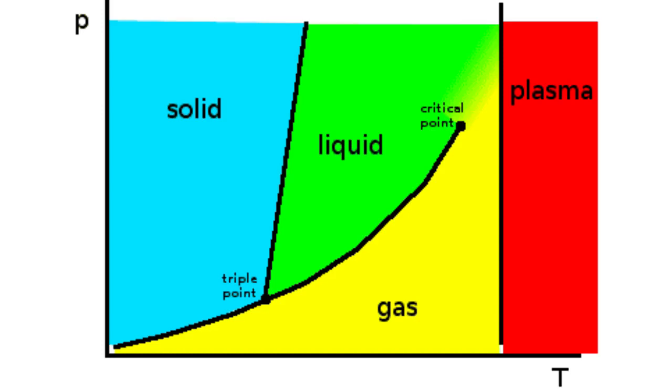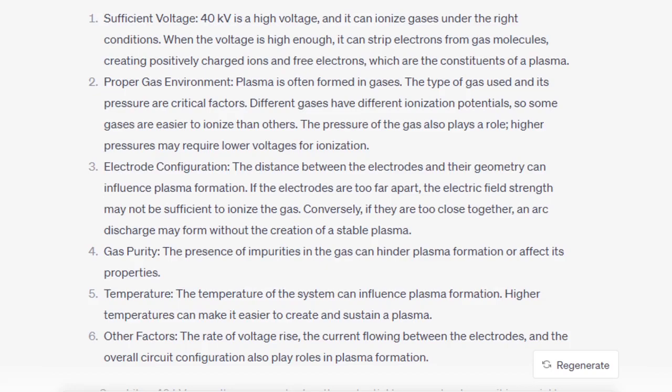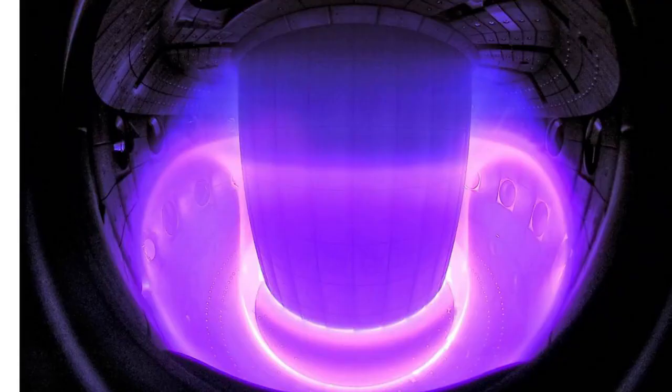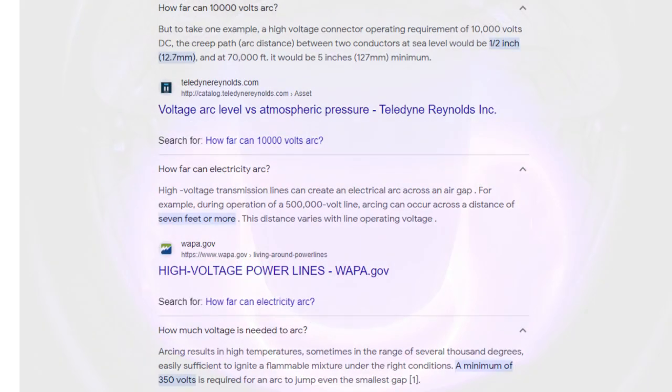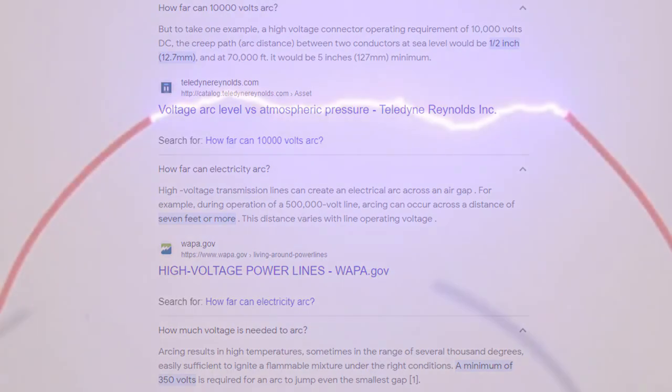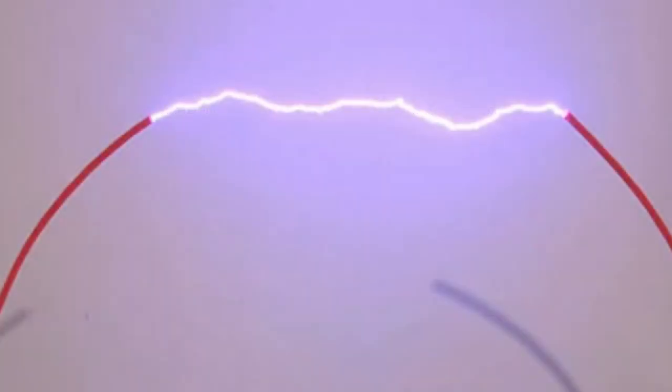The next thing is the electrode configuration. The distance between the electrodes and their geometry can influence plasma formation. If the electrodes are too far apart, the electric field strength may not be sufficient to ionize the gas. Conversely, if they are too close together, an arc discharge may form without the creation of a stable plasma.